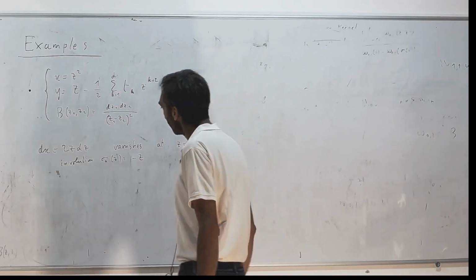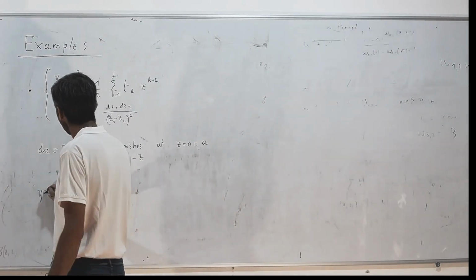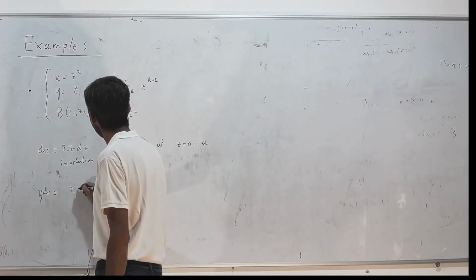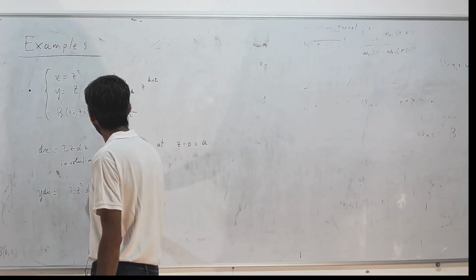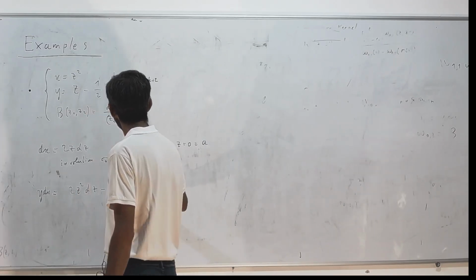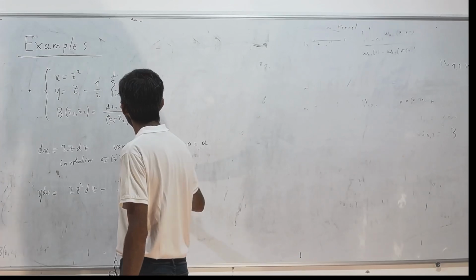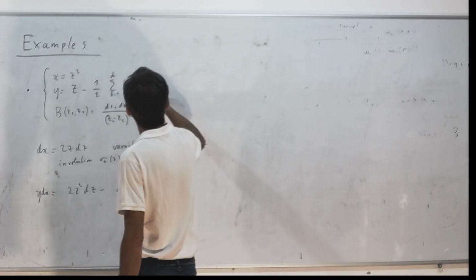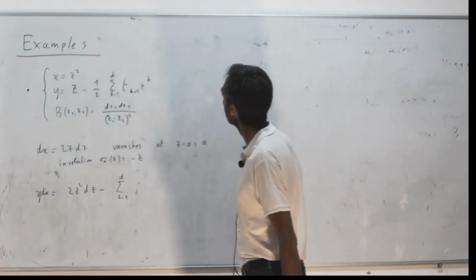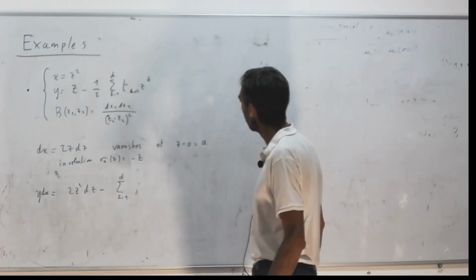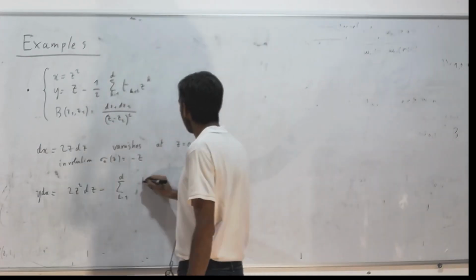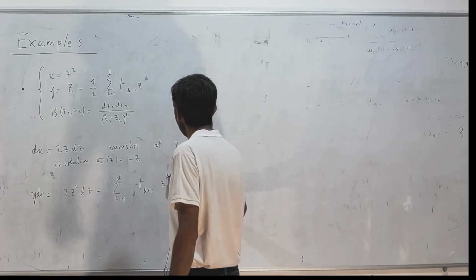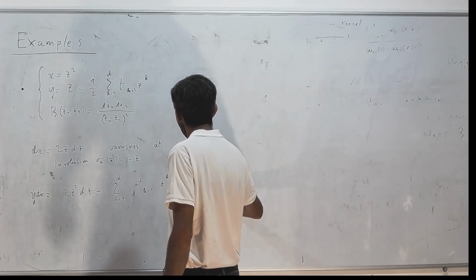There is a first remark that you can make. So y dx is 2z squared dz minus the sum from k equals 1 to d of (k plus 2) t_k z to the k plus 1 dz.